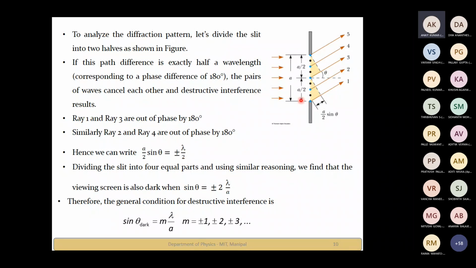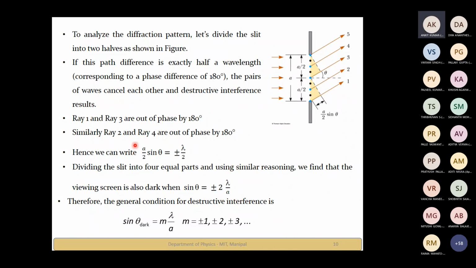Now, do the same thing if you divide the slit into 4 equal parts and apply the same reasoning, then you find that again you will see destructive interference under the condition A by 4 sin theta is equal to plus or minus lambda by 2, or sin theta is equal to plus or minus 2 lambda by A.